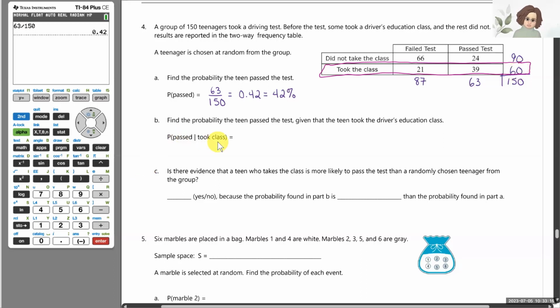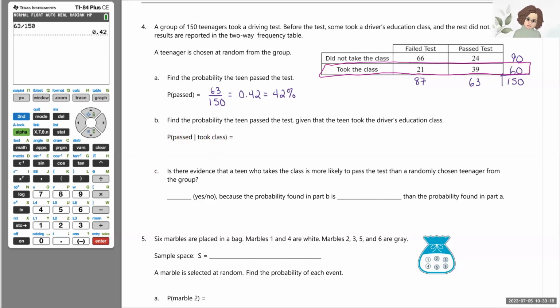All right, so I will write the formula here though. The numerator would be the number that passed and also meet the condition that they took the class. And then the denominator is always the number that meet the condition, the given that.